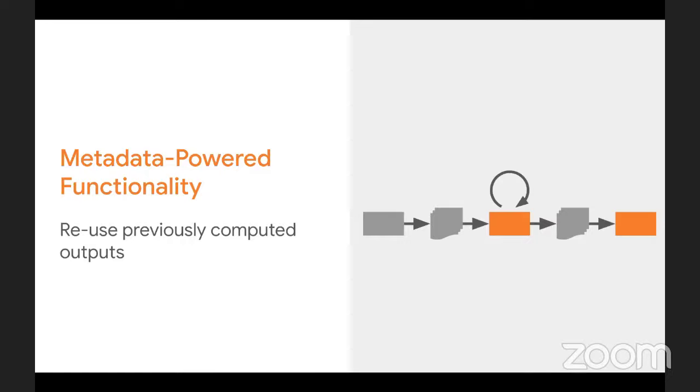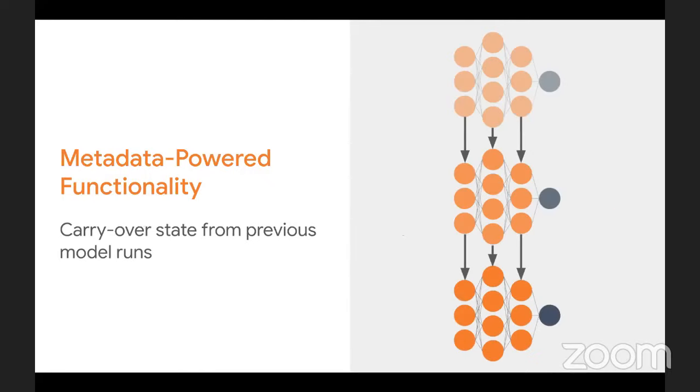So we could be talking about terabytes of data that take hours to process in a single component. If you can avoid running that, you want to avoid that. Also, carryover state, the big example of this is warm starting a model. So if you've trained your model for 10,000 epochs and you decide you want to continue training it, being able to do warm starting is important.